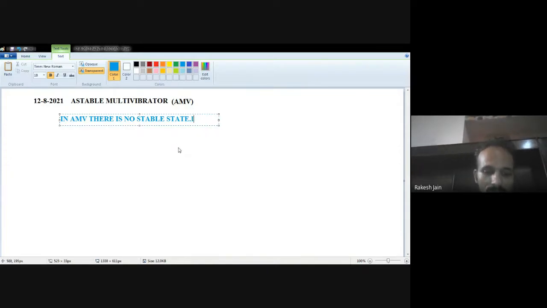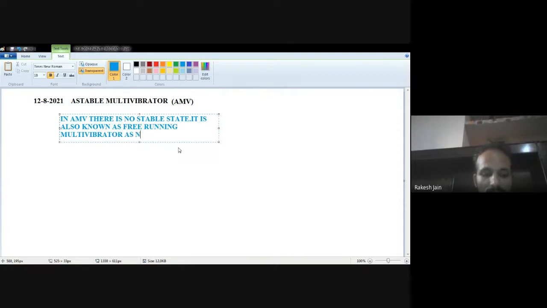It is also known as free running multivibrator, as no trigger pulse is required to change the state.